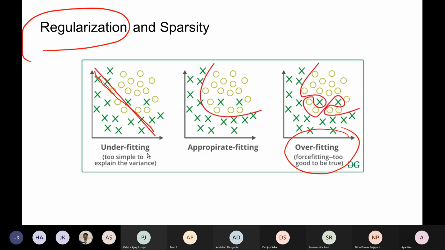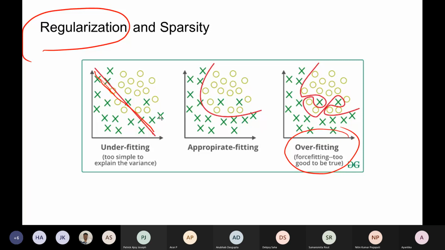Now, what we mean by underfitting is that this model is giving error in both our training phase as well as the testing phase. In both the cases, this model is not working properly.